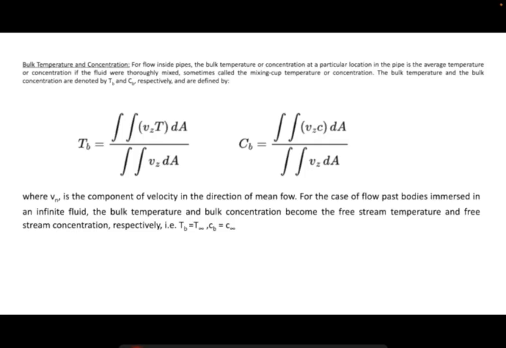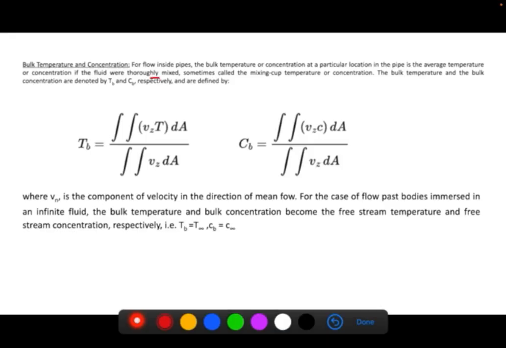Here, the bulk temperature and concentration for flow inside pipes at a particular location in the pipe is the average temperature or concentration if the fluid were thoroughly mixed. Sometimes it is called the mixing cup temperature or concentration.